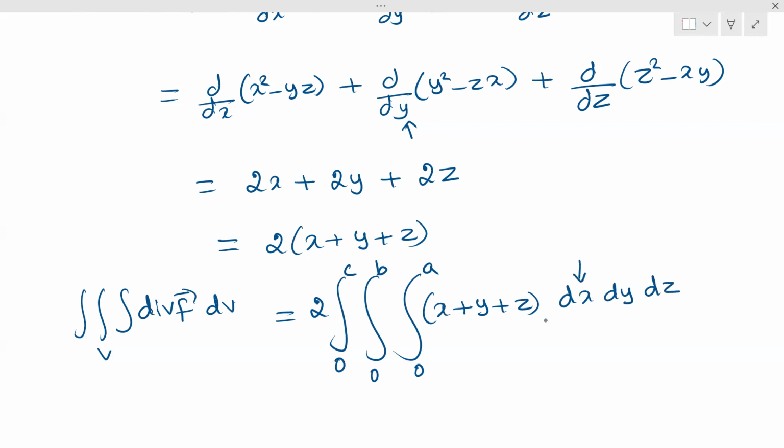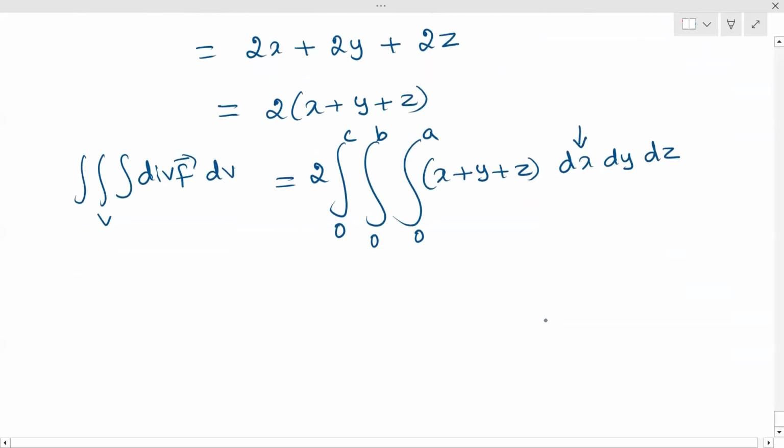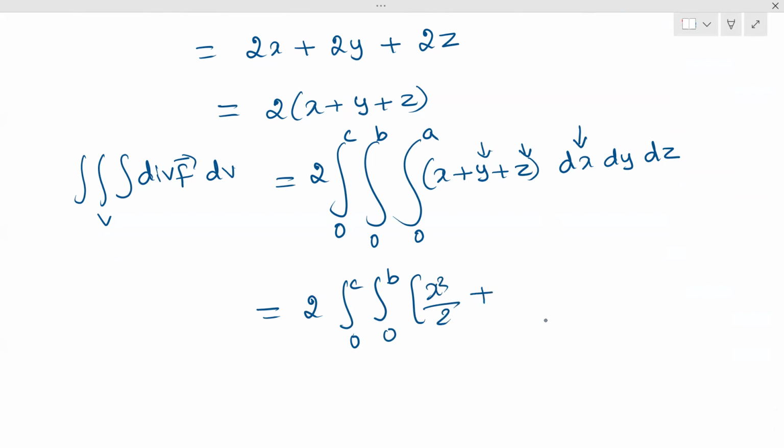First we do the inner integration with respect to x, keeping y and z constant. Write the outer and middle integrations as they are. Integration of the first term is x squared by 2, the second term yx, plus zx, with limits 0 to a, dy dz.